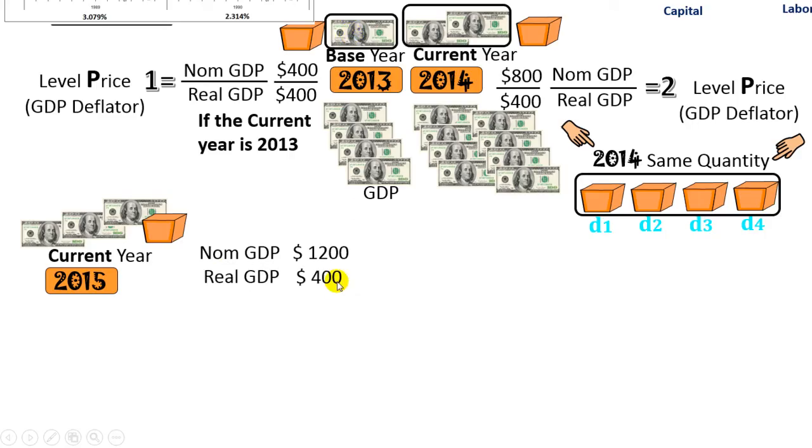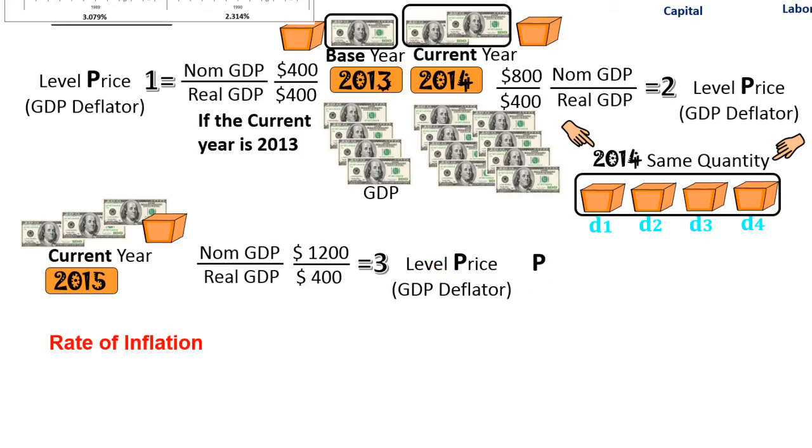Note that the real GDP is the same in all of these years. Now if we divide, we get 3, which is the price level for 2015, meaning that the price level in this year is 3 times the price level of the base year, and we denote the price level with the letter P.